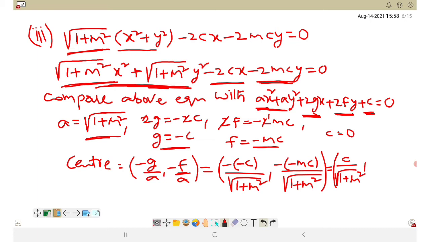And minus f is minus mc, so minus f by a is minus into minus mc, m c by square root of 1 plus m square. Okay, this is the center of the given circle.